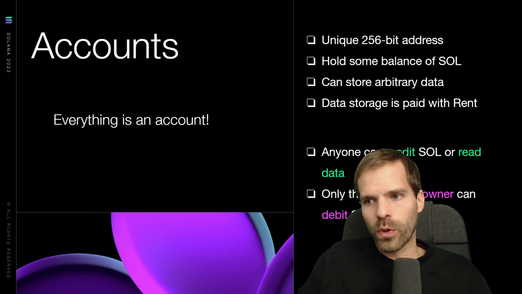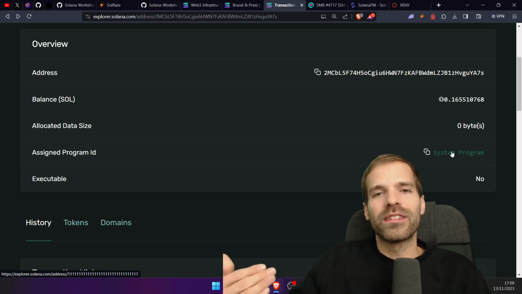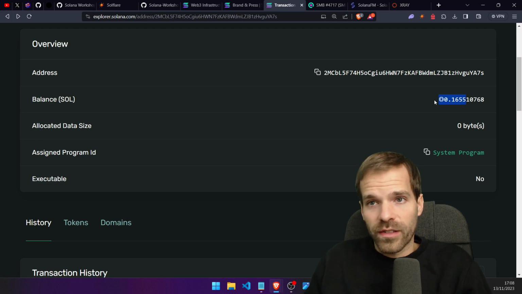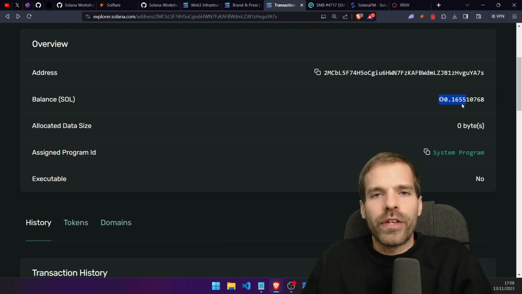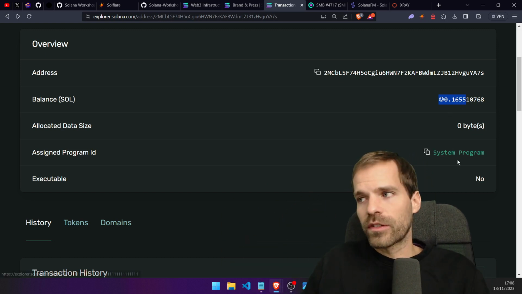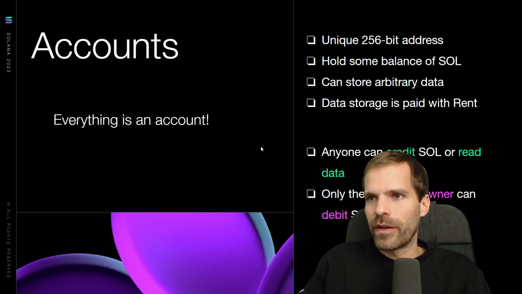Only the owning program is allowed to do that. In the case of our regular account, that would be the system program. So we need to call the system program if we want to transfer Sol. If I want to transfer Sol onto this account, I can do that from my other program from anywhere. This is free, right? I can put lamports on any kind of account except the system program or other non-writable account. But again, this is going into very much detail.